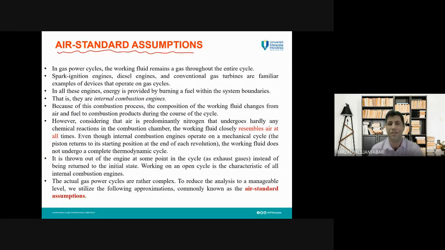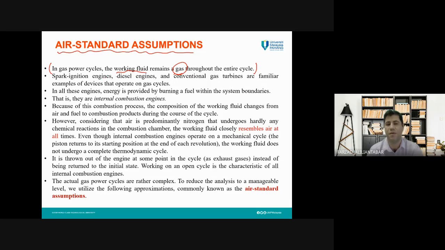For different types of gas power cycles, you know what we mean. As I told you in the first session, in the gas power cycle, the working fluid remains a gas. This is the main characteristic of the gas power cycle.